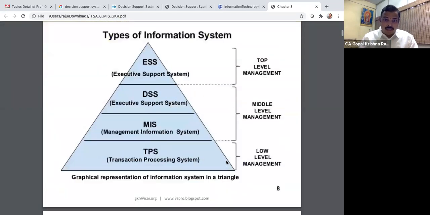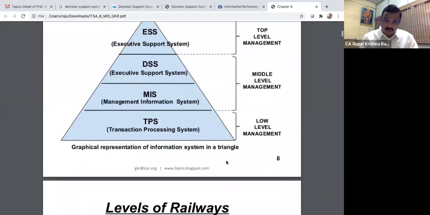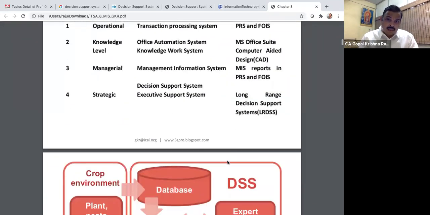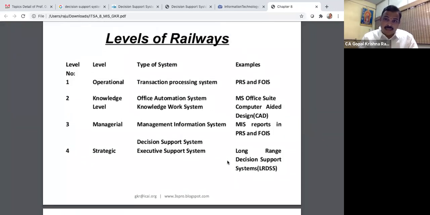I'll try to give examples about all this stuff: ESS, DSS, MIS, TPS. I'll take railways and banks; these are very important examples for you to understand TPS, MIS, executive support system.